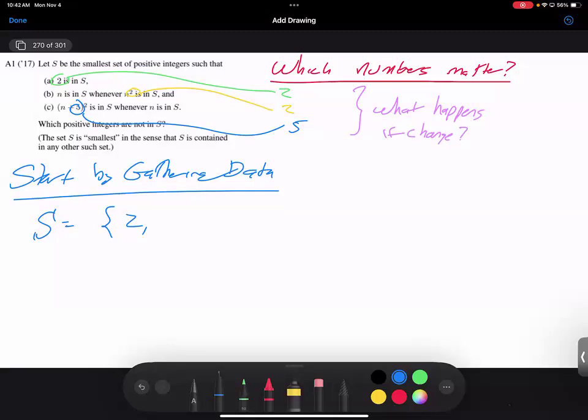Yeah. So now we know 2 plus 5, 7, so we know 49 is in S. And now that we know 49 is in S, what do we know? 7 is in S.